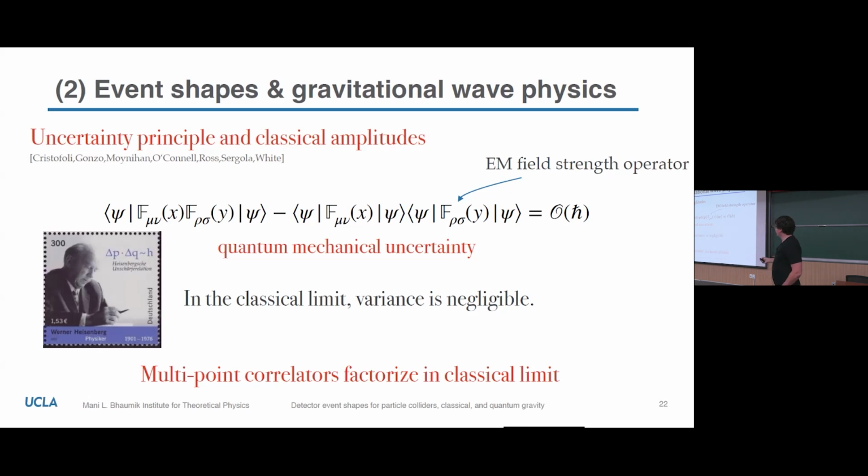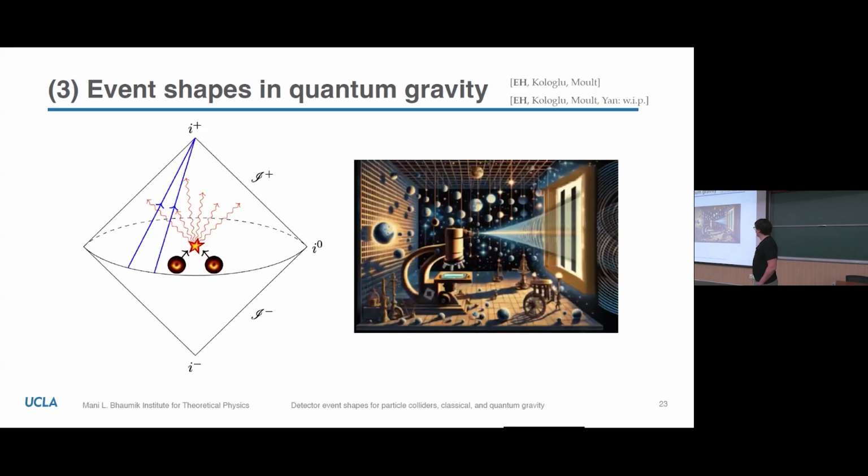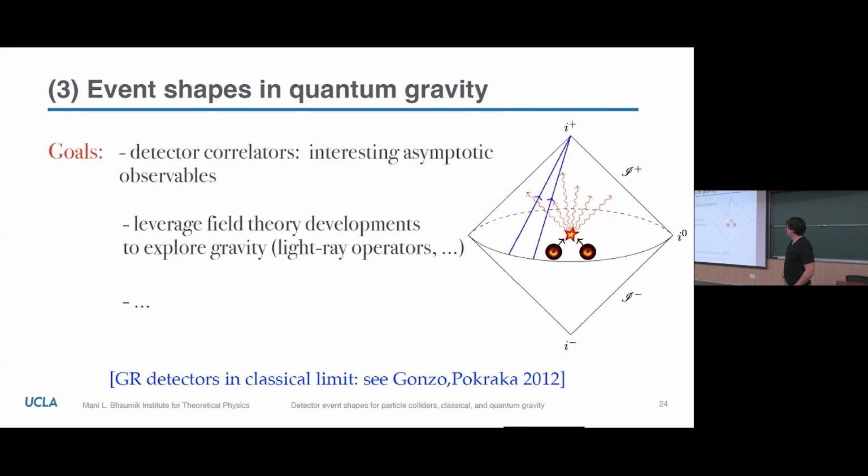Only the quantum mechanical uncertainty principle tells you that this higher point function has to factorize up to order h bar terms. So in the classical limit, the variance is negligible, and you don't have interesting multi-point correlators. So with this, we want to go to quantum gravity, where you can have non-trivial higher point correlators, and that's something we want to discuss.